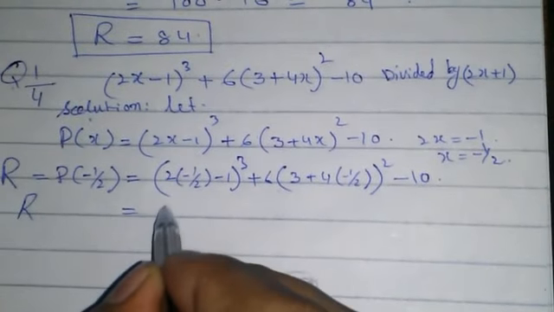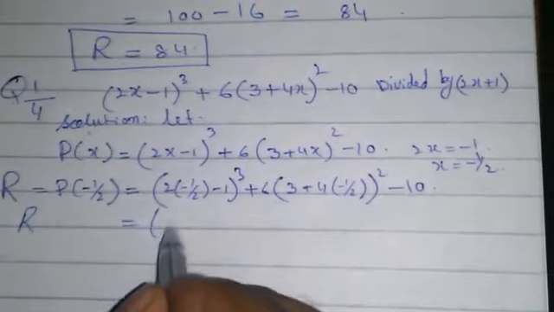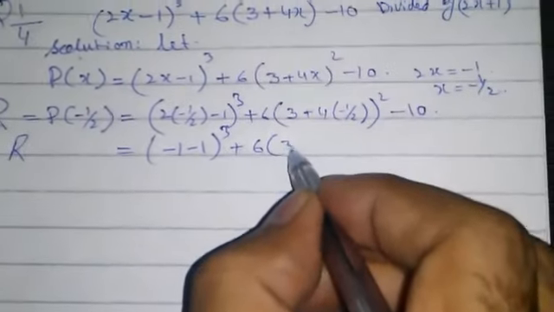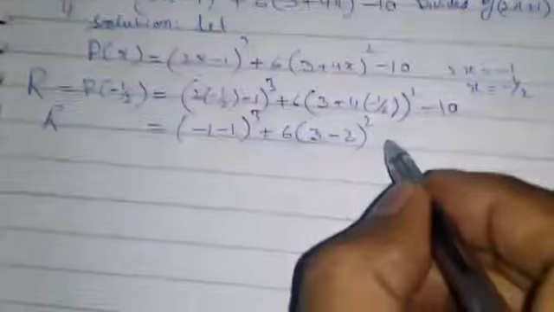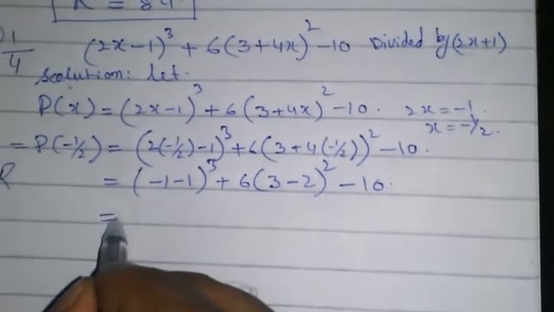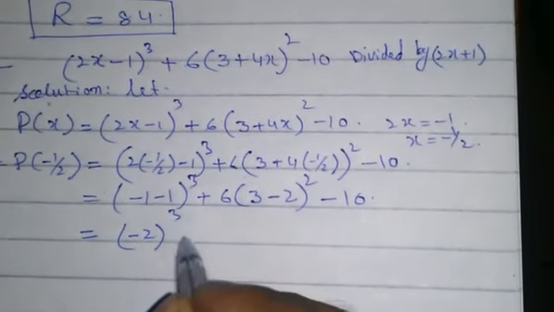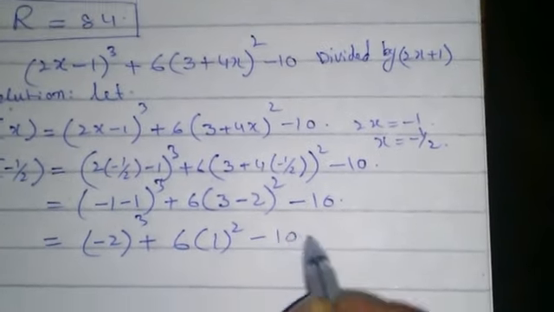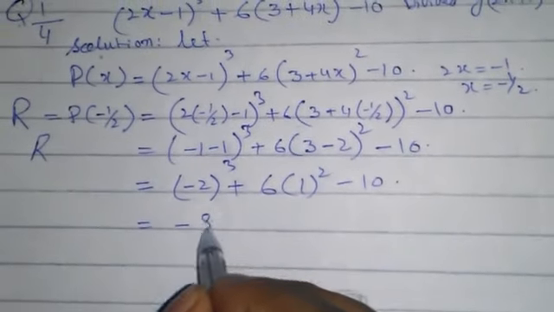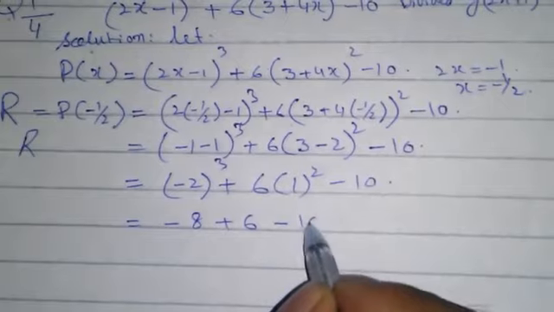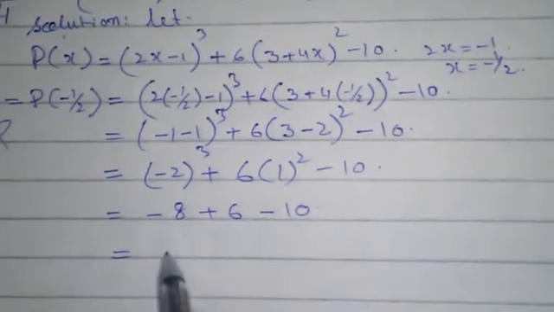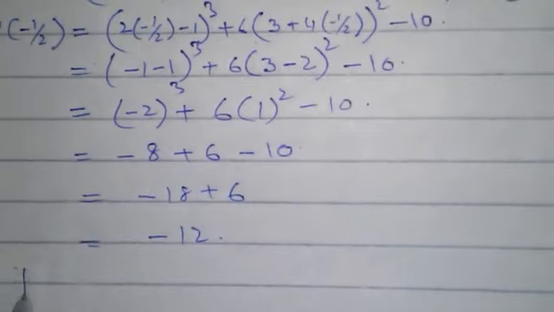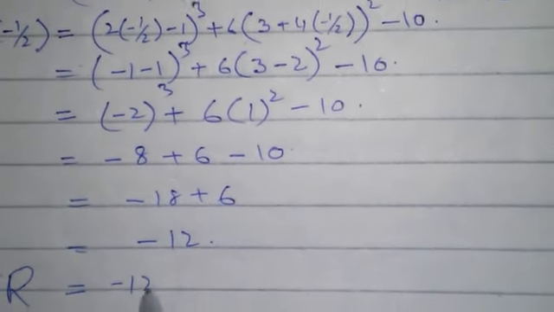R is equal to 2 to cancel each other, minus 1 whole cube plus 6 into 3 minus 2 square minus 10 is equal to minus 2 cube plus 6 into 1 square minus 10, minus 8 plus 6 minus 10, minus 18 plus 6, minus 12. Remainder is equal to minus 12.